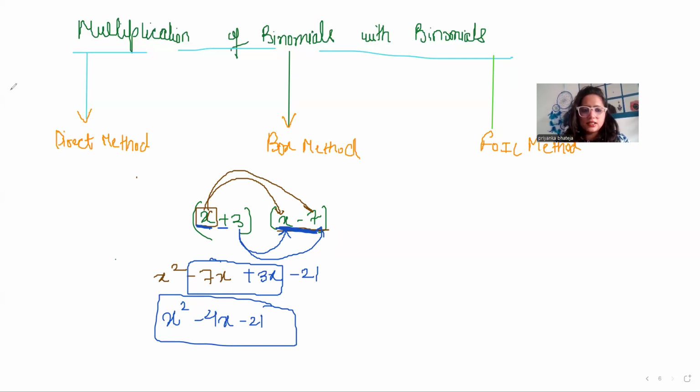And let's just consider the box method after that. So I might use another page. Yeah, this is a box method.